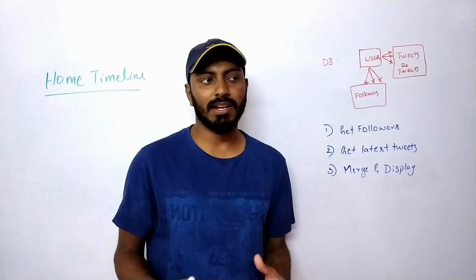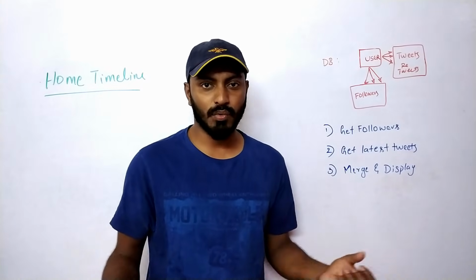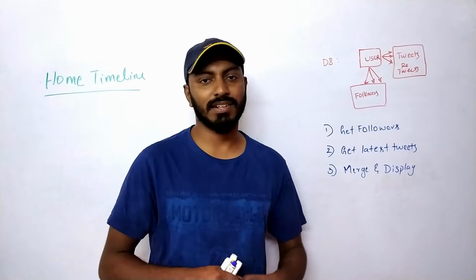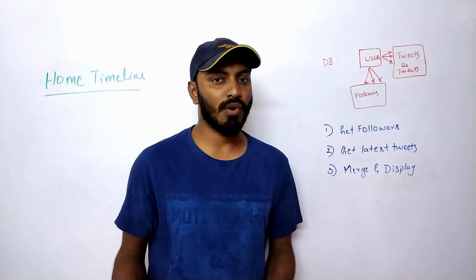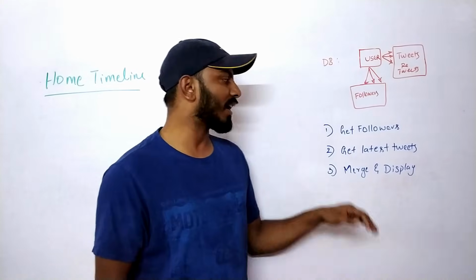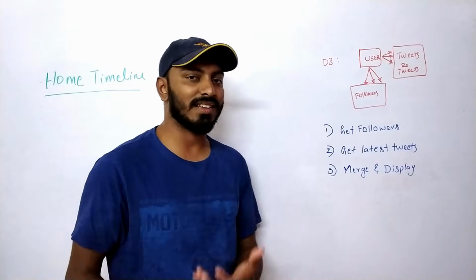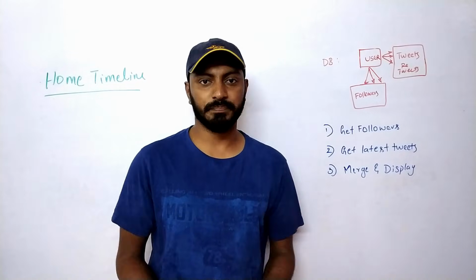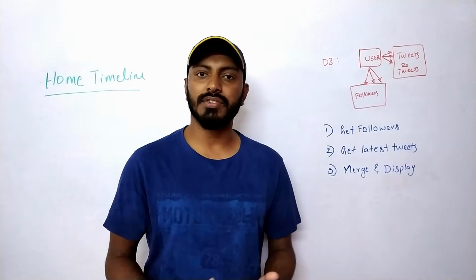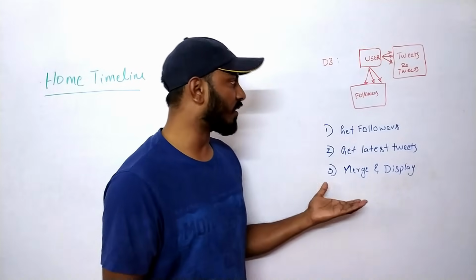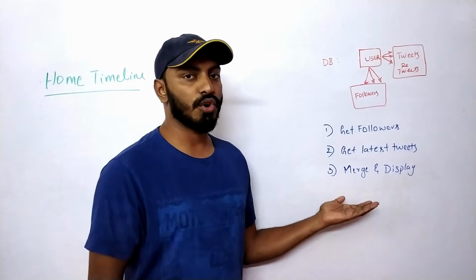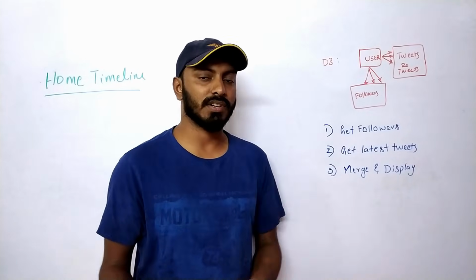You can argue that I will shard or I will use NoSQL, I'll have multiple nodes, and all these nodes will take care of those many queries. But trust me, making 150 queries or even 10 queries is not good. You can't return the data which is needed to show the home timeline much faster.